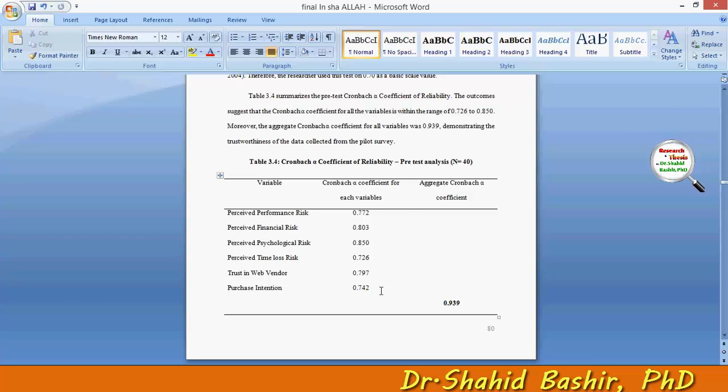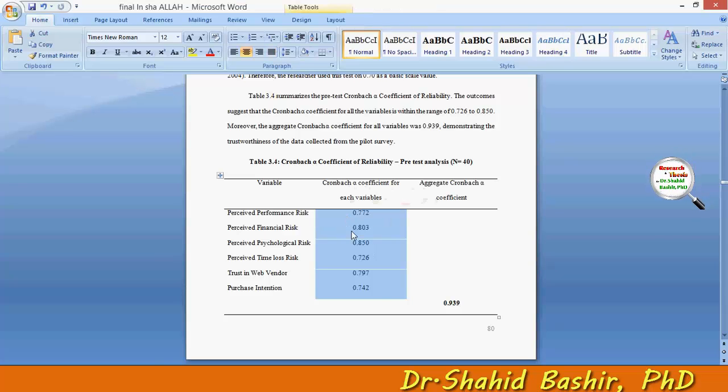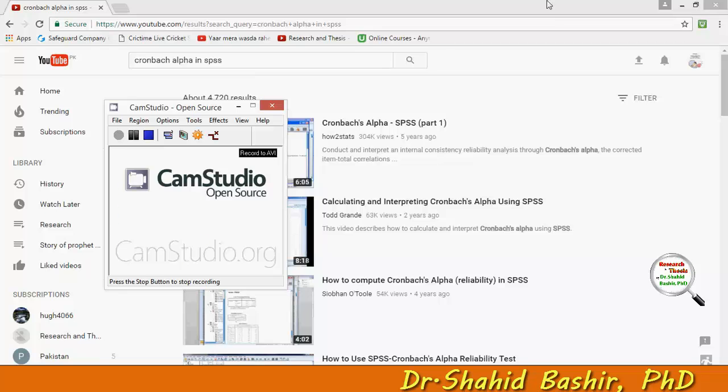For this, as I said earlier, you need to use the software known as SPSS. Although there might be some other software also, what I know is SPSS to assess this particular Cronbach alpha coefficient value.